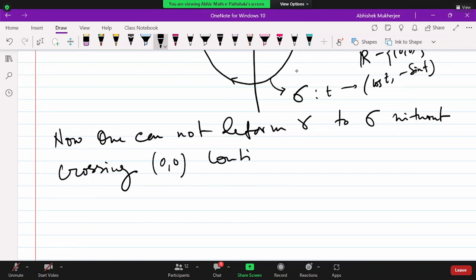Continuously. So that means this gamma will not be path homotopic to sigma here.